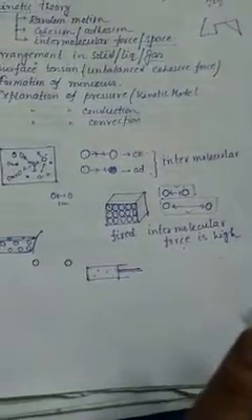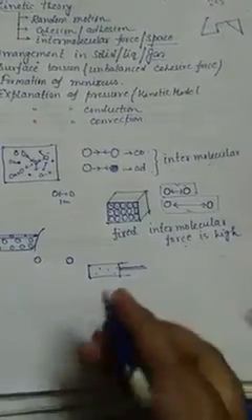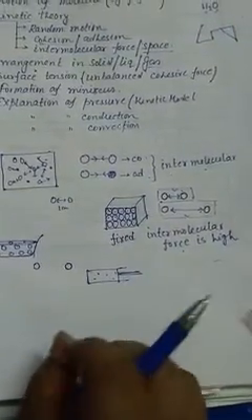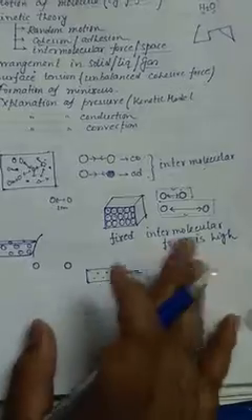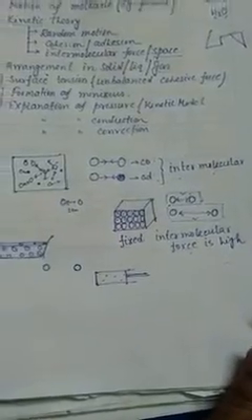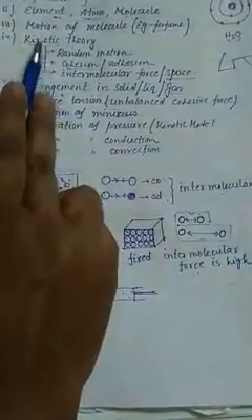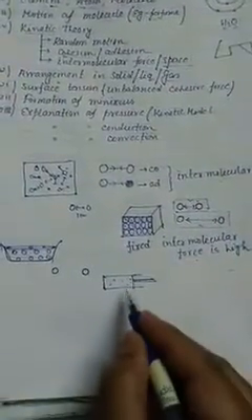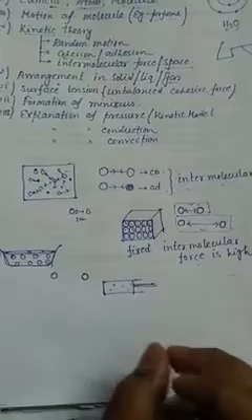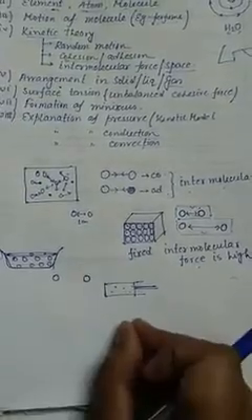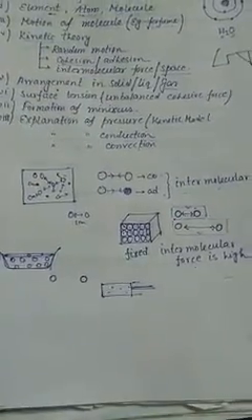Theoretically it can be up to infinity. So that is why no intermolecular force acts between them. If you consider an ideal gas and the kinetic theory, then you should know that no interaction acts between two gas molecules.